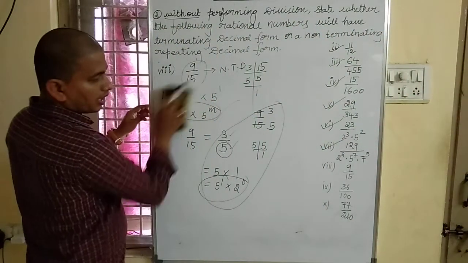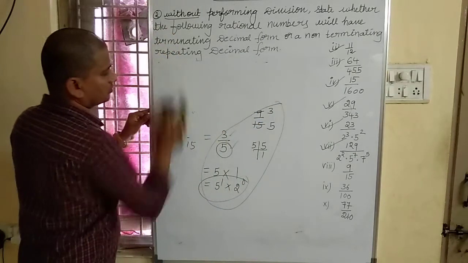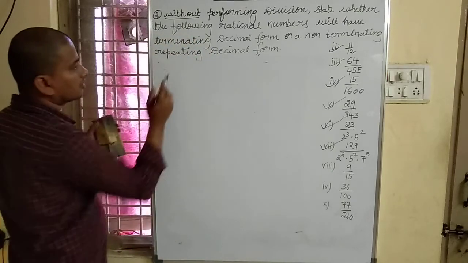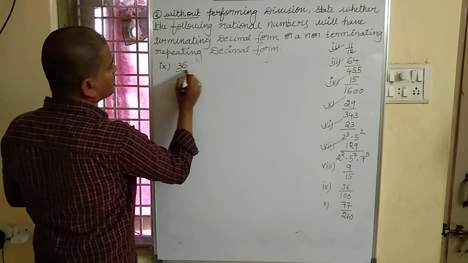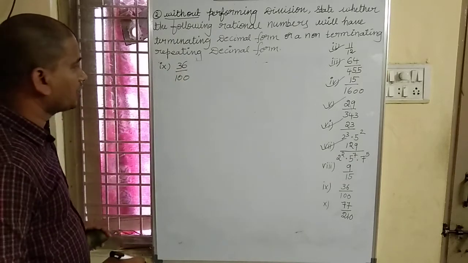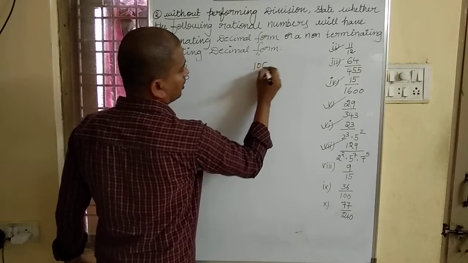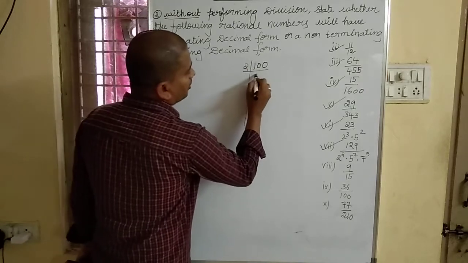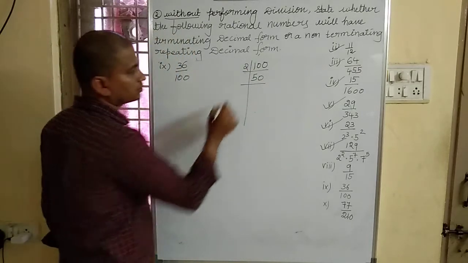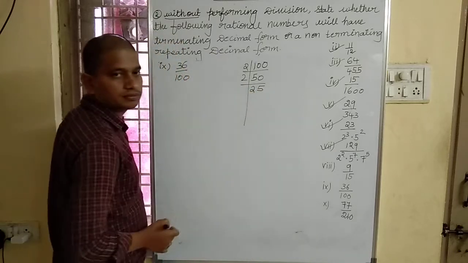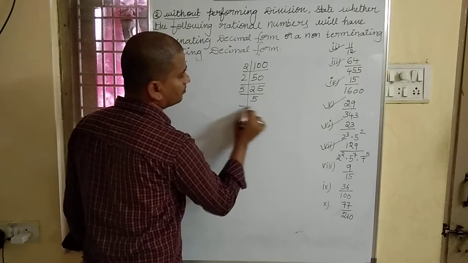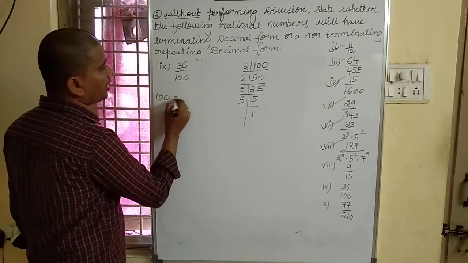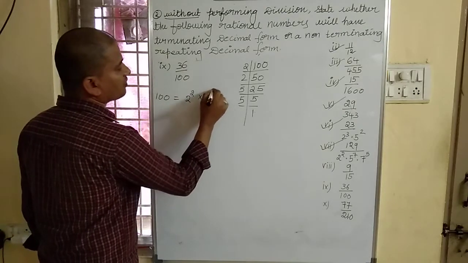Okay. And the ninth question is 36 by 100. What is the denominator here? Our denominator is 100. Let us find out the prime factors of 100. 2 50s are 100, 2 25s are 50, 5 5s are 25, and 5 1s are 5. So the denominator 100 we can write as 2 square into 5 square.